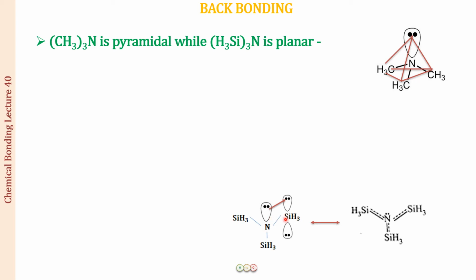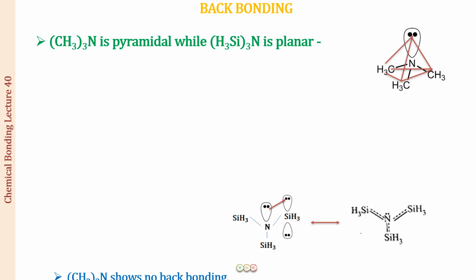It has vacant d orbitals. They can accept the lone pair of nitrogen and form a pi-coordinate bond, that is a back bond. So the lone pair is no longer going to be available to nitrogen, and the hybridization is going to change from sp3 to sp2. And when it is sp2 hybridization, the molecule will be a planar molecule, right?